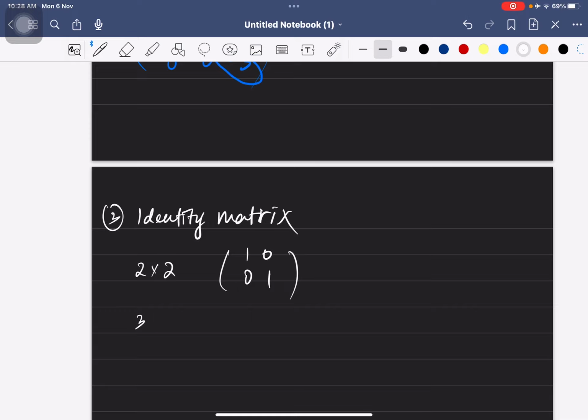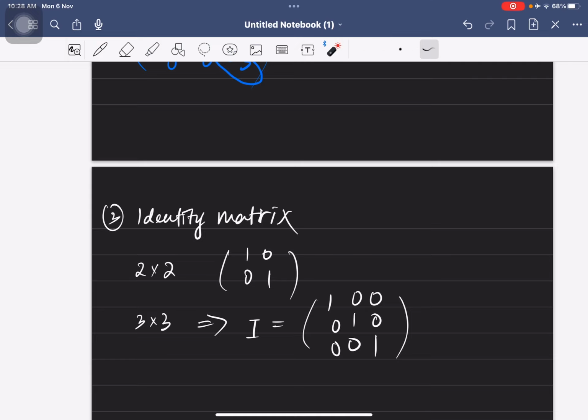If you are talking about a 3x3 matrix, then the leading diagonal will be 1, 1, 1, and the rest will be 0, 0, 0, 0, 0, 0. So this is what we call identity matrix: only the leading diagonal with the number 1 and the rest all 0.